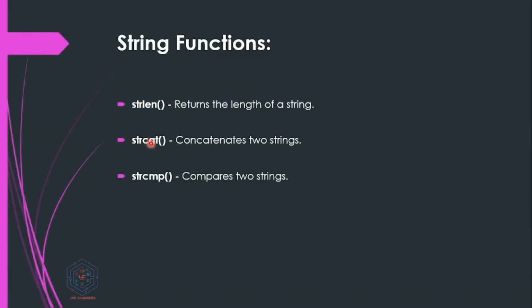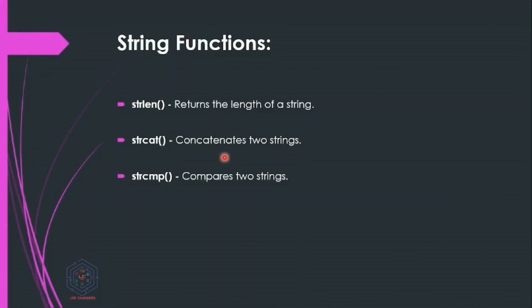Okay, let's come to the second function, string cat. Why is this used? If we want to concatenate, that is, if we want to add 2 strings, then this string cat function is used. Let us consider that in variable a there is a string called apple, and in variable b there is a string called banana.